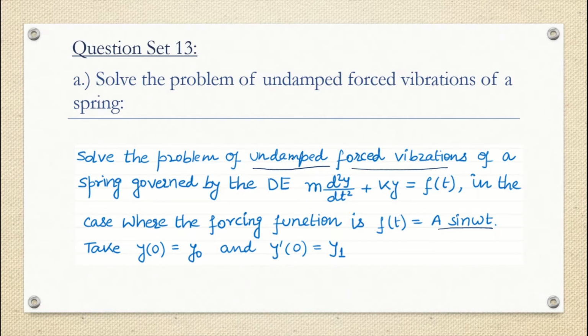So we have the problem of undamped forced vibrations. First we will see what damped vibration and undamped vibration are. Vibration you can consider as the oscillation of the spring. In damped vibration, the amplitude of the vibration decreases over time, which means it loses energy over time.